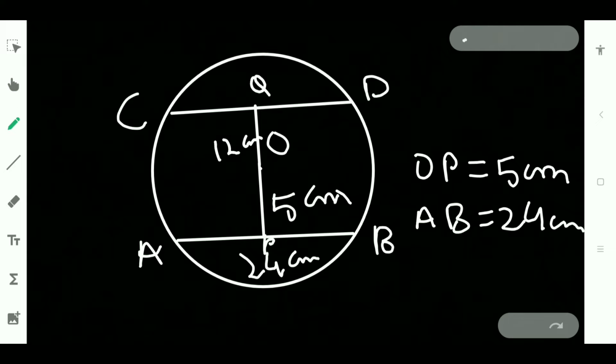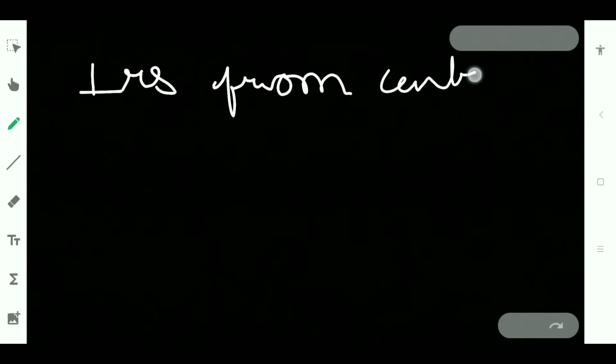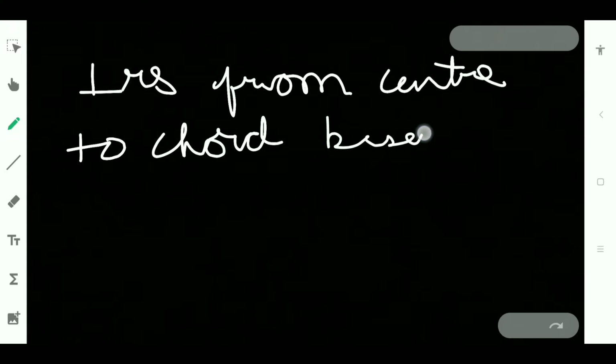For that we have to do a construction, that is, draw OQ perpendicular to CD, and OP should also be perpendicular to AB. Why I am saying this is that we have a theorem that we discussed in the previous video: the perpendicular from the center to a chord bisects the chord.